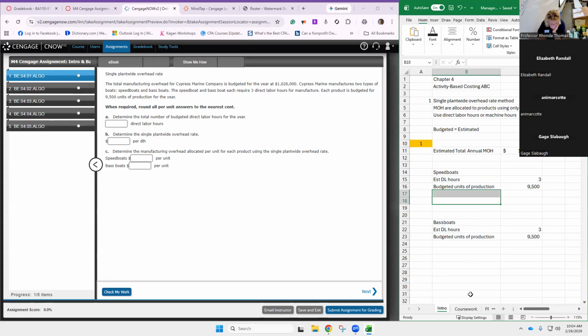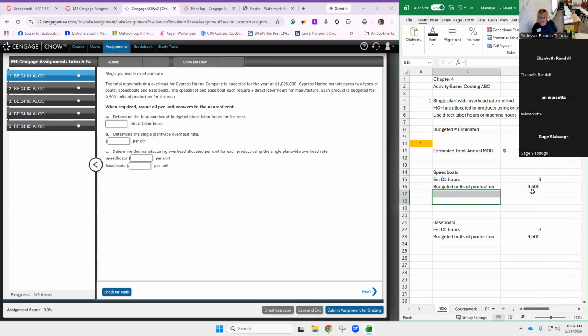And now we're going to be able to determine how many direct labor hours we're going to need for the year for both of these. Luckily or coincidentally, both boats are identical. To be honest with you, I don't even know if I'd have separated them, because they take the same amount of time, but that's okay. Sometimes businesses don't know to do anything different than this.